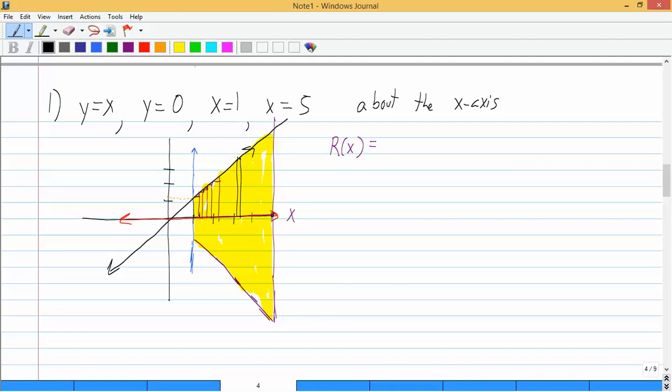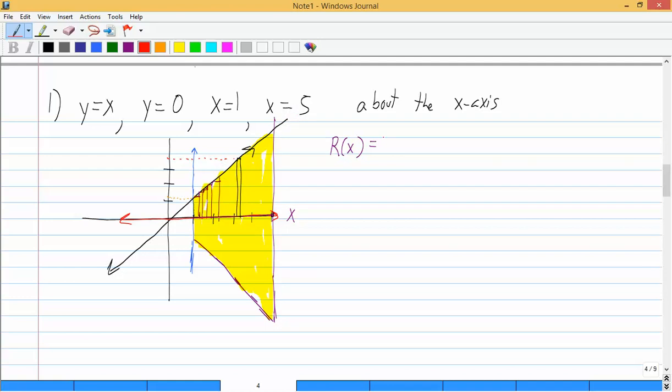Well, if I want to know the radius of that disk, then it's going to depend on this curve here, because whenever I plug in, say, x equals 3.5, that's going to give me the height. If I plug in the x, I get out the y, and the y gives me the height. So in this problem, the height of each disk, or the height of each rectangle, is going to depend on this curve.